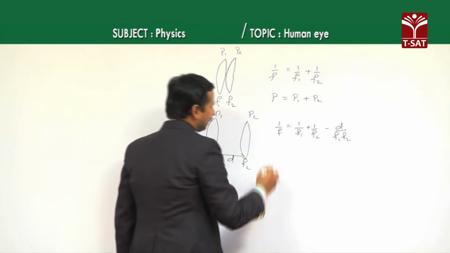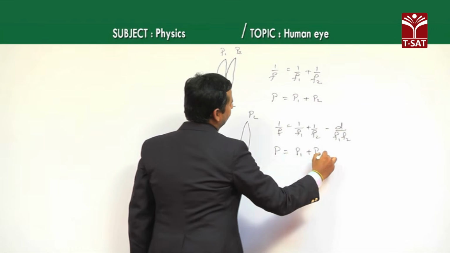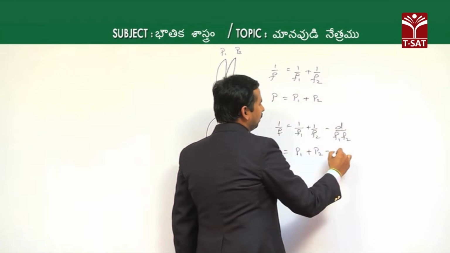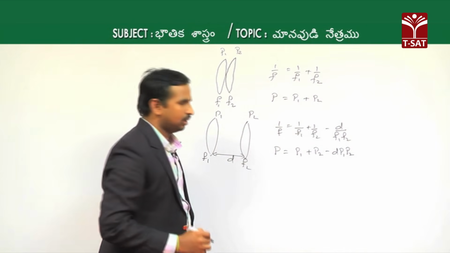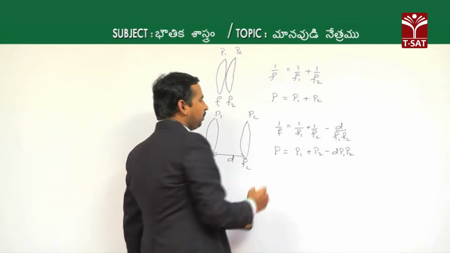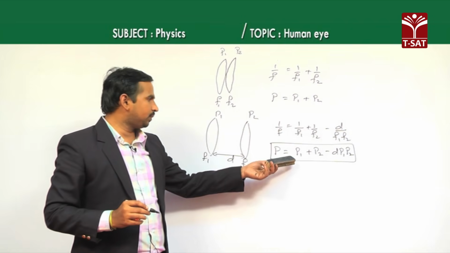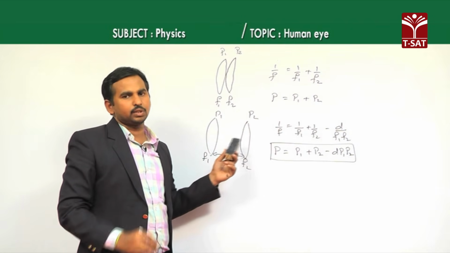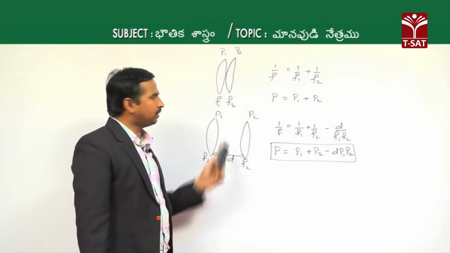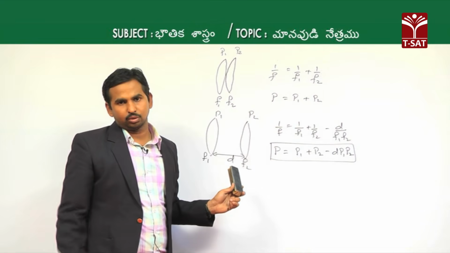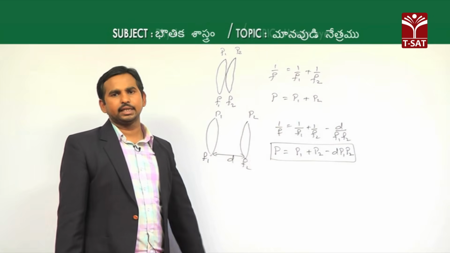Then 1 by f, which is p, is equal to 1 by f1 which is p1, 1 by f2 which is p2, minus d times p1 p2. Finally we get p is equal to p1 plus p2 minus d p1 p2. This is the case we use if there is a distance between the two convex lenses. The same formula we have to apply even for concave lenses, but we have to apply the sign convention for the focal lengths.